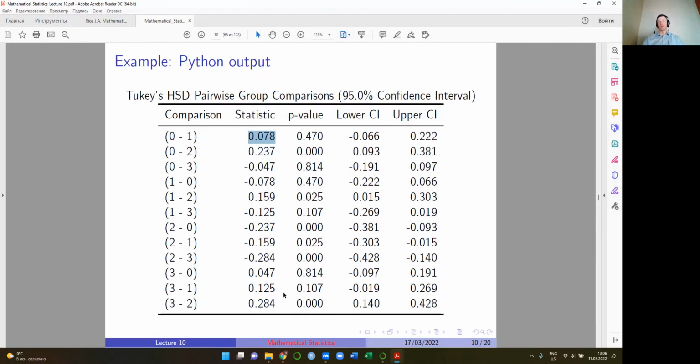Sorry, but when p-value is like 0.8, is it just a percentage? It's 47%, yes, or 81%. And as we discussed in our introduction to hypothesis testing, p-value is the probability that you obtain this sample given that the null hypothesis is true.